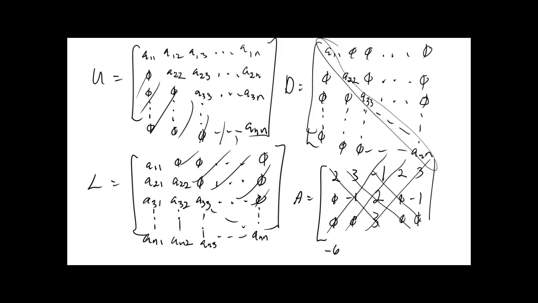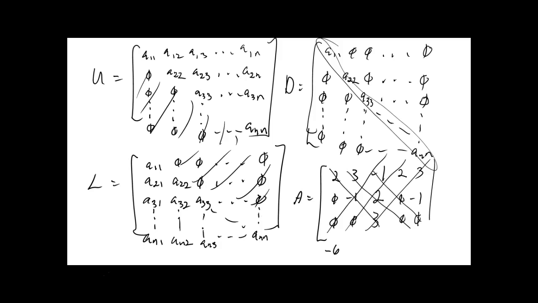Now, if it does contain a 0, then the determinant of that whole matrix is 0, which means it's not an invertible matrix, because the determinant of an invertible matrix has to be non-zero.